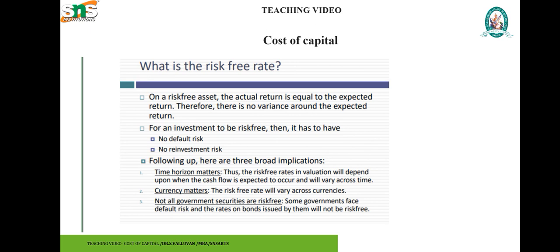So this we have already seen. In a nutshell, on a risk-free asset, the actual return is equal to the expected return. Therefore, there is no variance around the expected return. That means zero risk. For an investment to be risk-free, it has to have no default risk and no reinvestment risk. Default risk means failing to make the payment of debt.